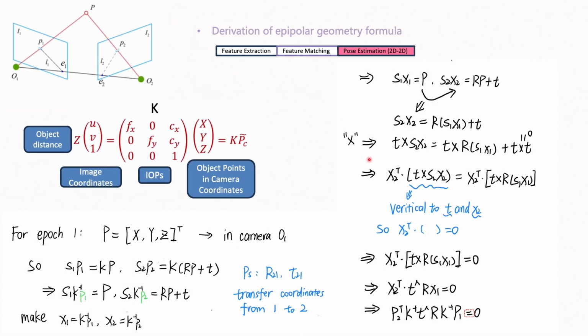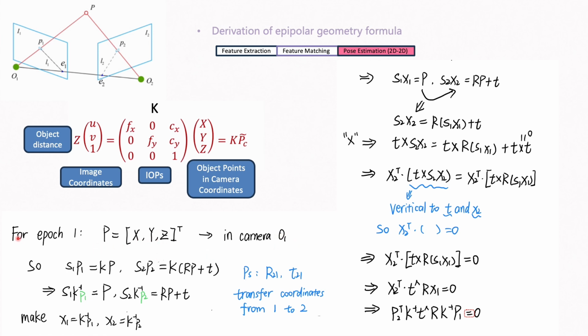Here we can show the derivation of the epipolar geometry formula. It's very interesting to see how it works. So imagine that the camera moves from O1 to O2. We get P1 and P2, the same points, according to the projection of the object point P. And for epoch 1, the P coordinates in the camera O1 system are x, y, z.